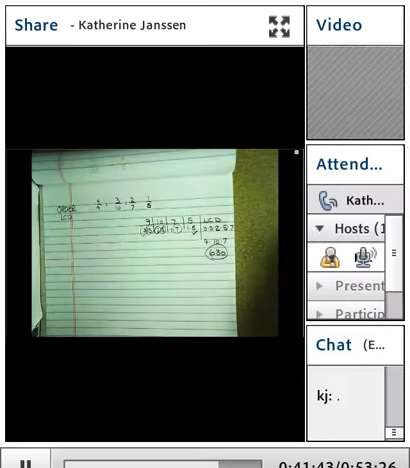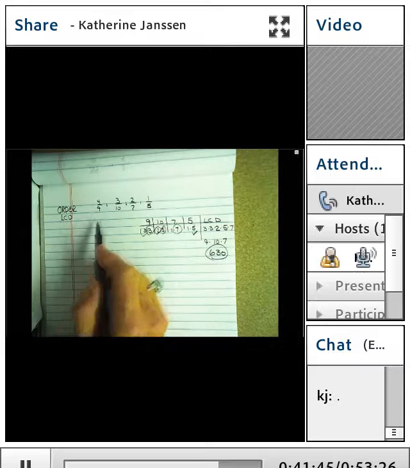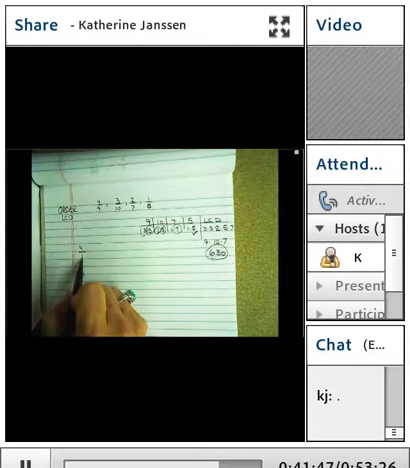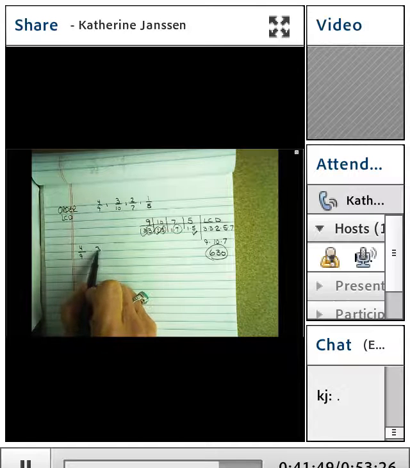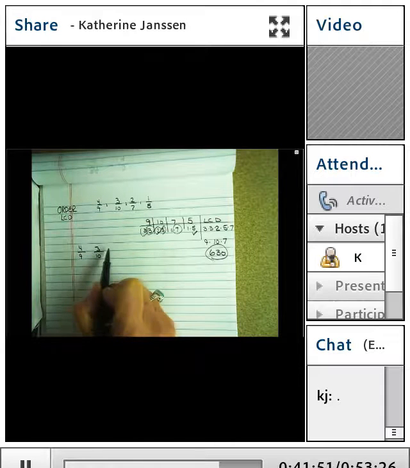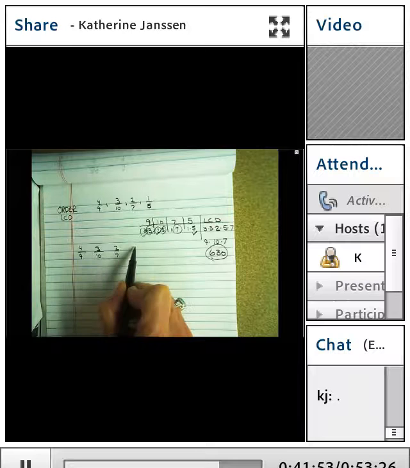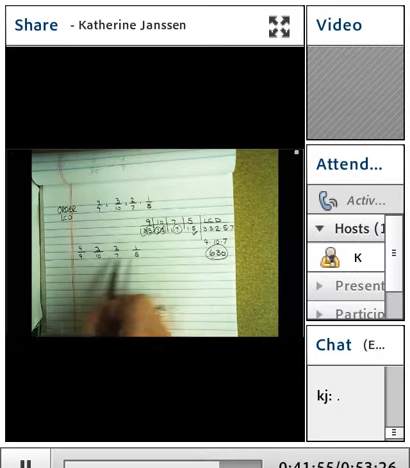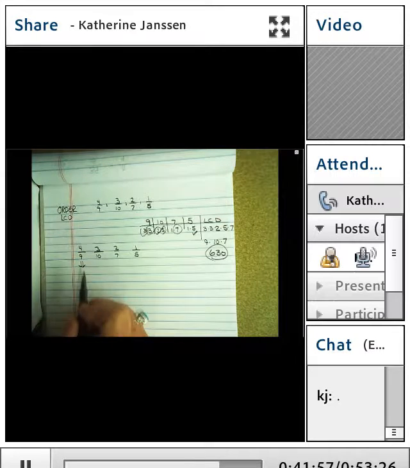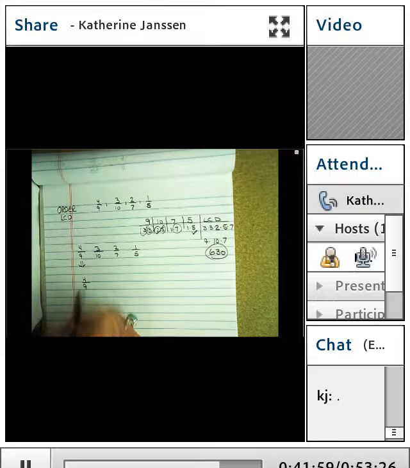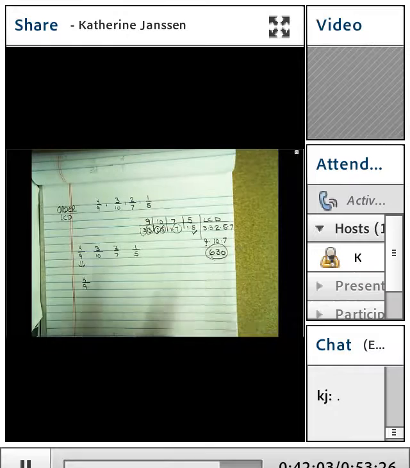So now I want to convert each one of these to their equivalency in 630ths. So I'm going to convert 4/9 to 630ths. Now 9 times 70.